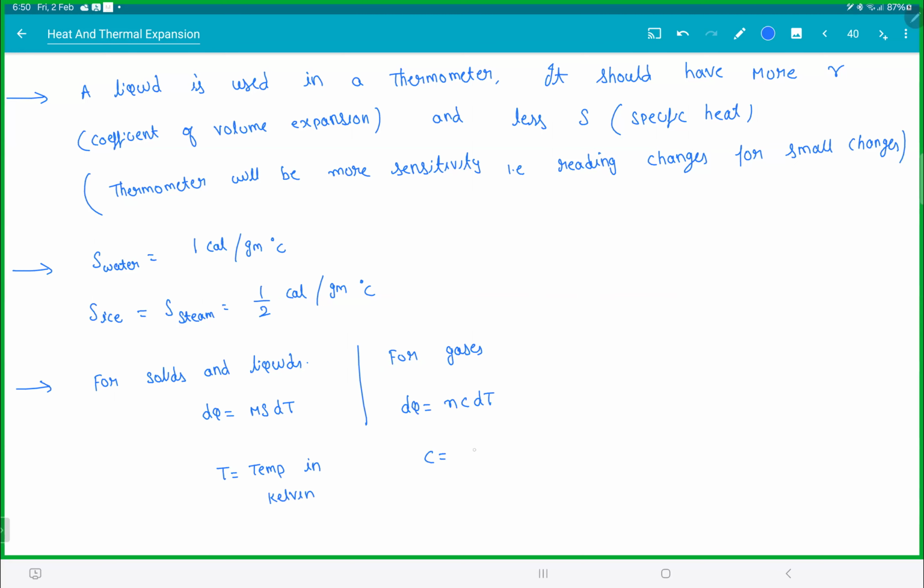Here C is your molar heat capacity, the amount of heat required per unit temperature per mole. This is what we use for gases. So actually C and S are almost the same. One is per mole and one is per gram or per kg.